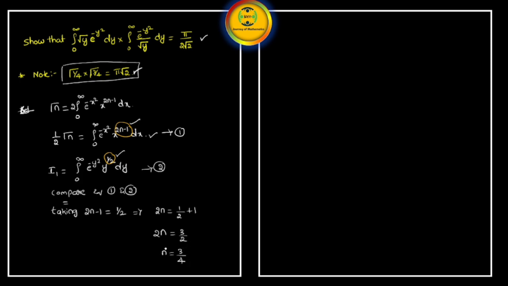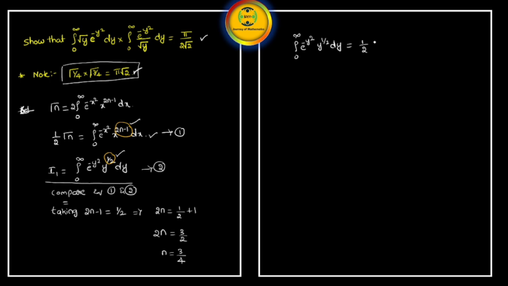As we know the n value for this I1, I can directly write I1, which is integral 0 to infinity e power minus y square into y power half dy, as 1 by 2 into gamma of n.